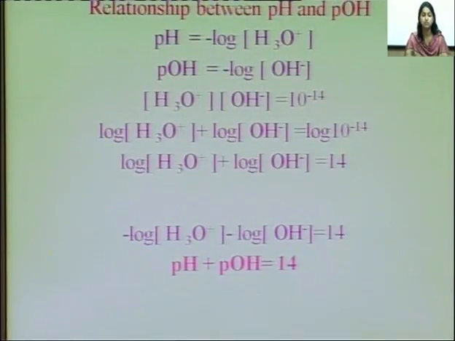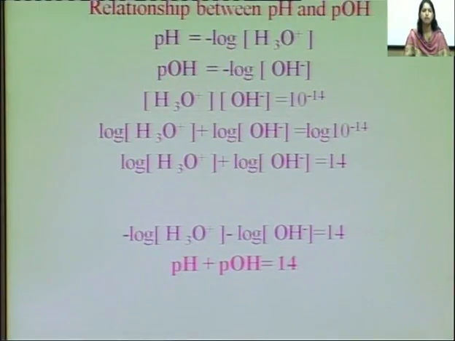So, what is the relationship between pH and pOH? pH is equal to minus log of hydronium ion concentration, and pOH is equal to negative log of hydroxyl ion concentration. I have already derived the relationship that hydronium ion concentration into molar concentration of hydroxyl ion is equal to Kw, the ionic product of water. I have told you that the value of the ionic product is 10 raised to power minus 14 at 298 Kelvin.